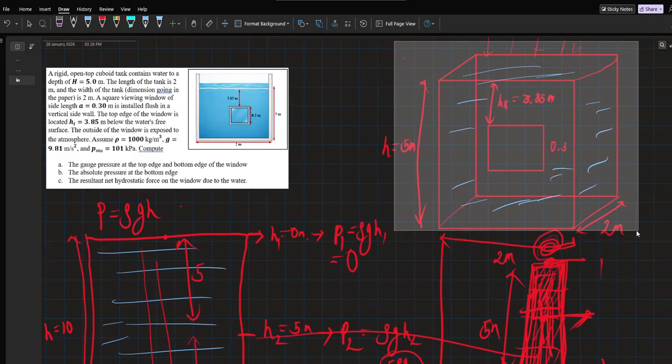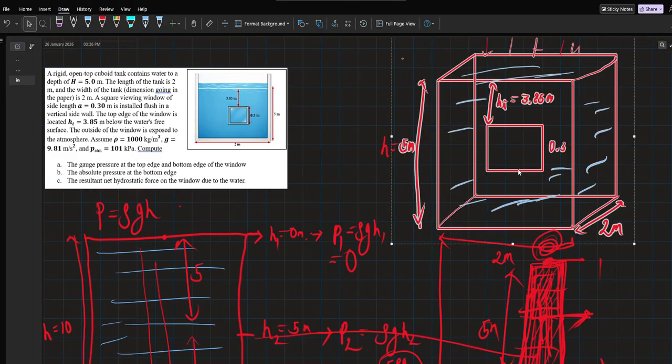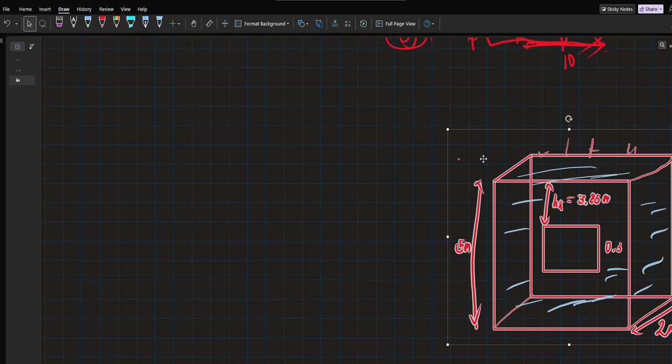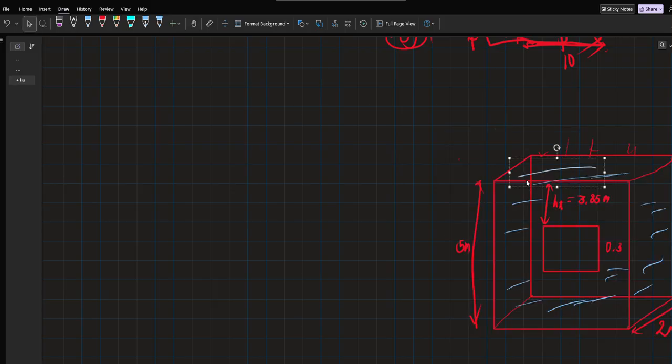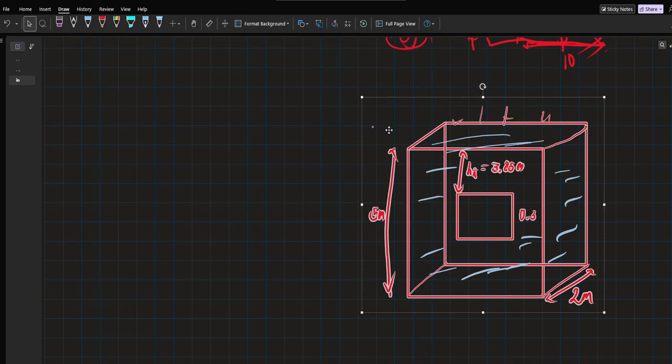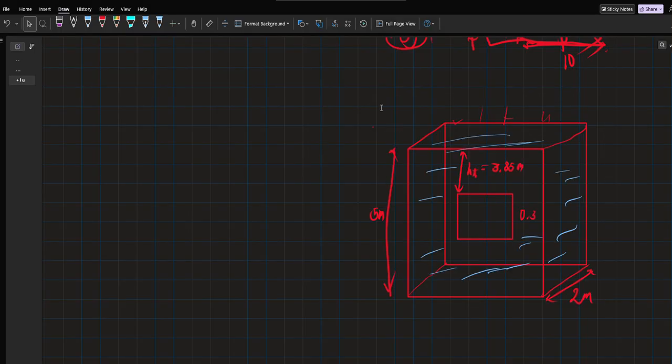Give me a second. Let me copy it properly so that I don't have to draw it again. Put it somewhere here. Yeah, which will help. Okay.